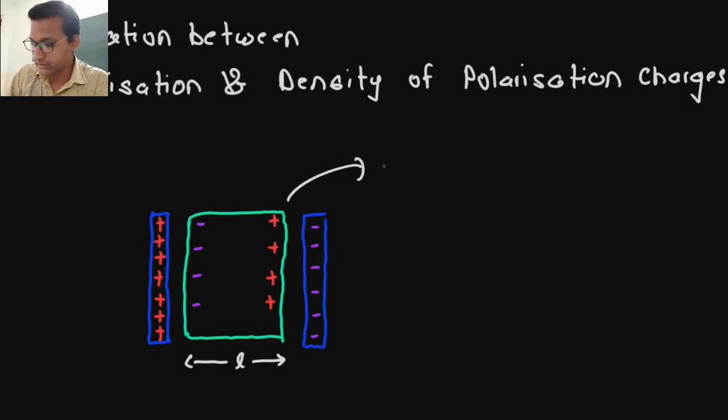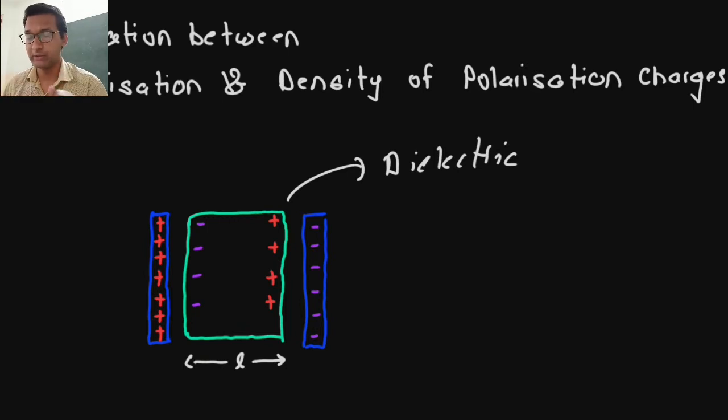You can see in the example that there is a dielectric in between two parallel plate capacitors or two metallic plates. These two metallic plates have positive and negative charges on them. So when I place this dielectric in between, the charges get separated.